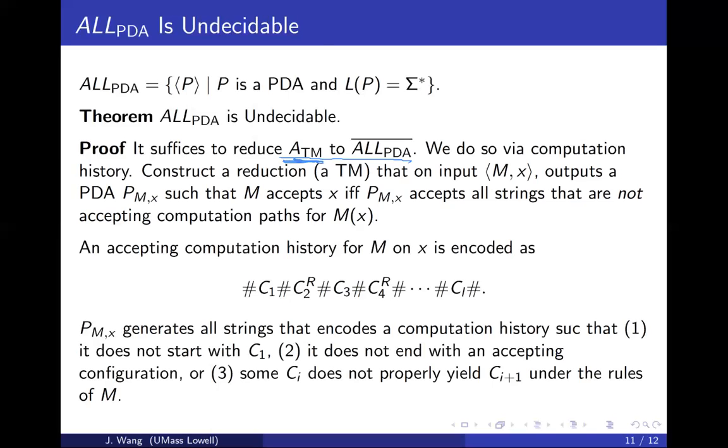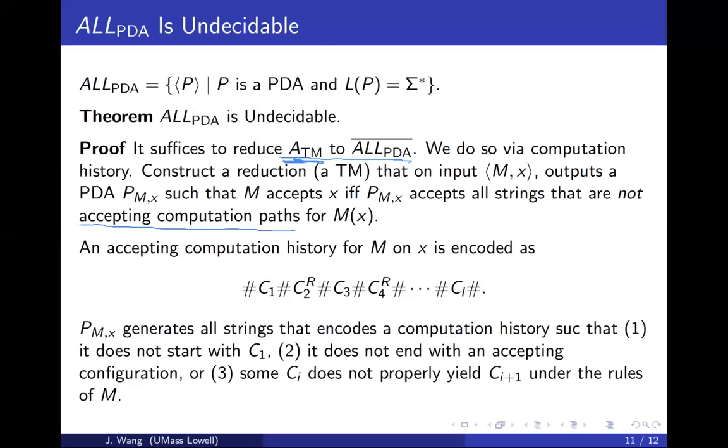Now a PDA has one stack memory, such that M accepts X if and only if P sub M comma X accepts all strings that are not accepting computation histories for M on X. An accepting computation history for M on X is encoded as follows.